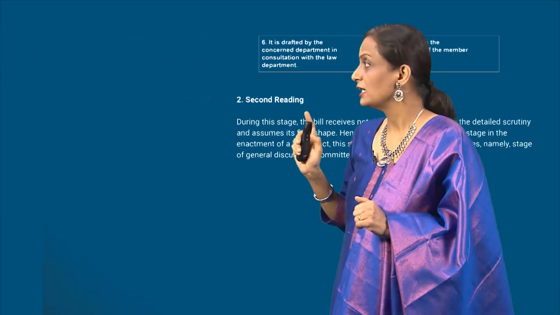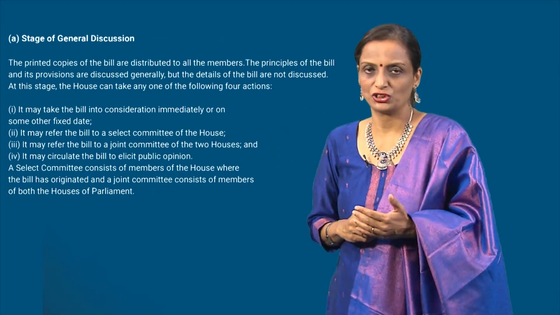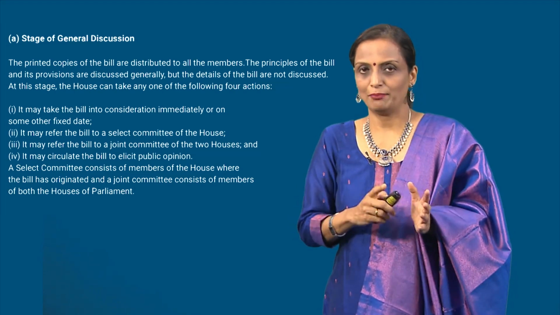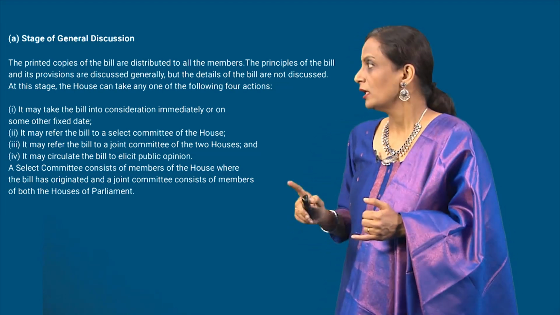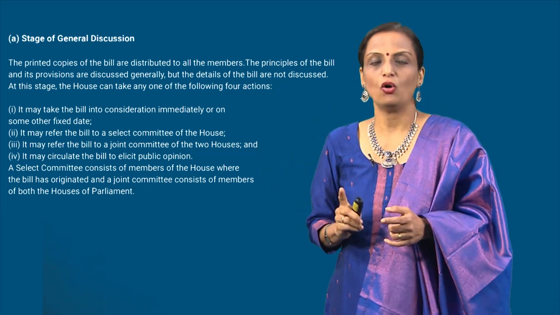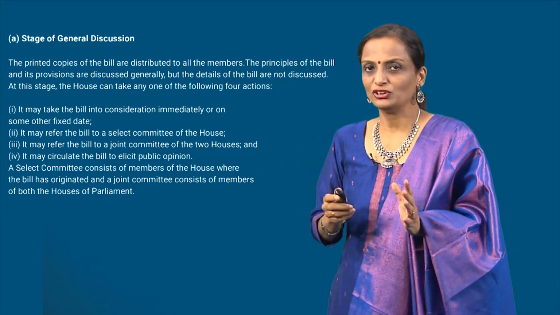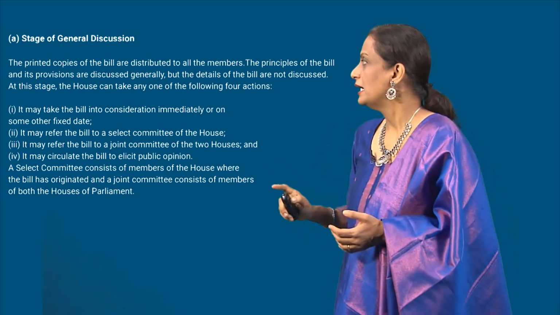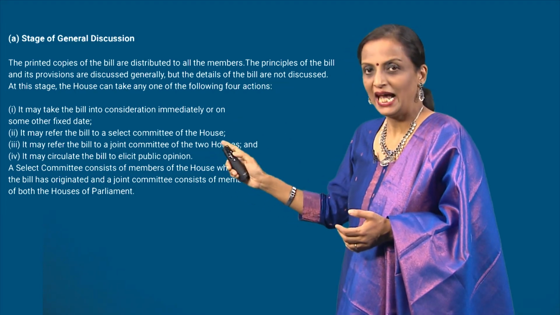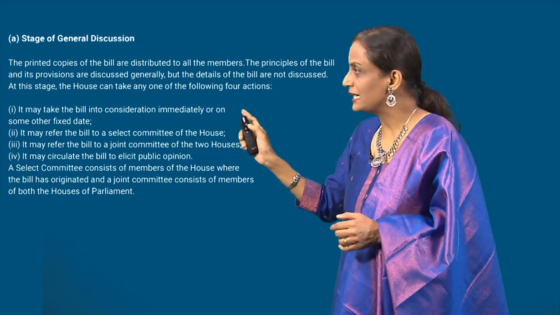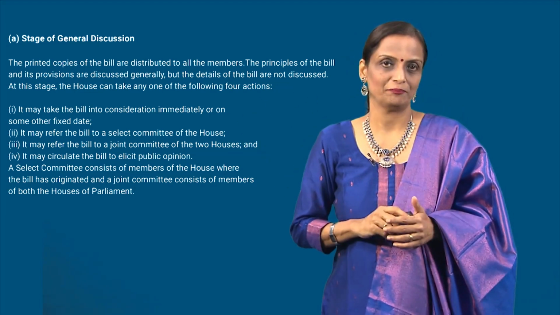Now, the next stage, the stage of general discussion. We have to discuss in detail what happens in the second reading. The printed copies of the bills are distributed amongst all the members. So, everyone should have a hard copy of the bill that has to be passed, and the principles of the bill and its provisions are discussed generally, but the details of the bill are not discussed.